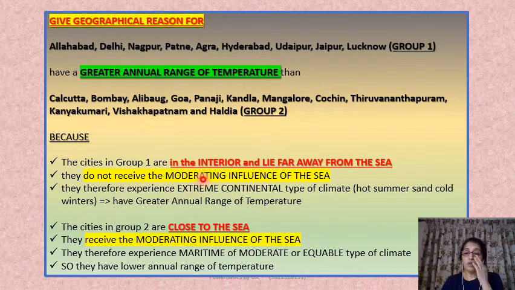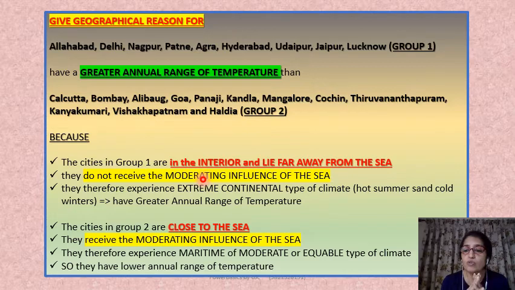So the influence of proximity to the sea or water bodies, a lot of give-reason-for questions come. Three types of give reason for. First, continental or equable climate. Second, high or low annual range of temperature. Third, high or low diurnal range of temperature.